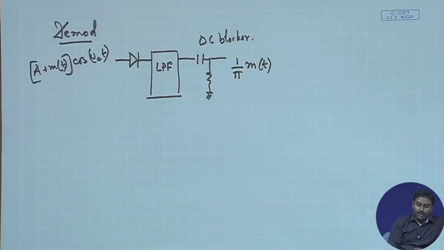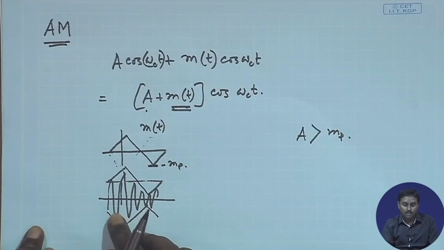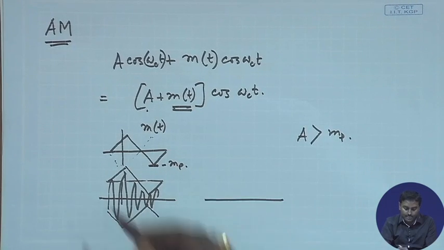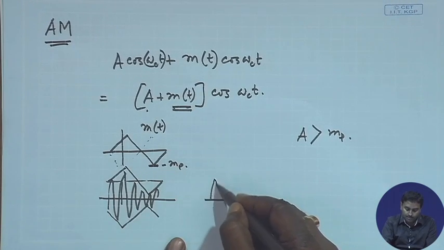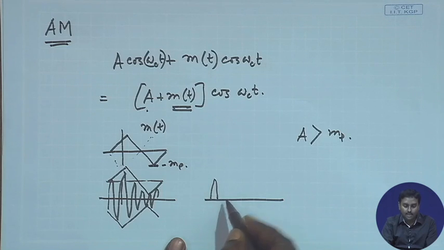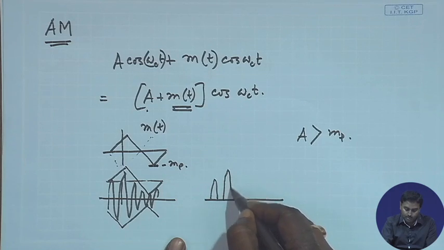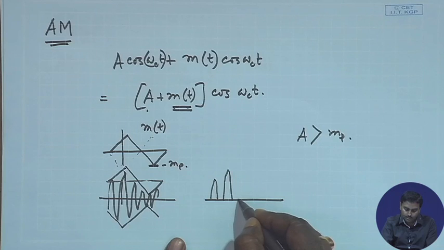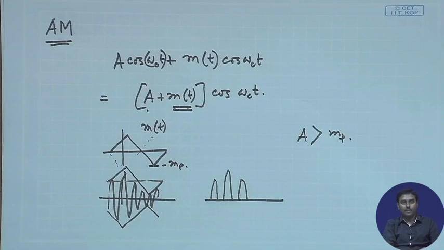So let us see what exactly happens whenever I pass it through a diode. I have this signal, and once I pass it through a diode, it just takes the positive half and takes out the negative half. It again takes the positive half, takes out the negative half, again takes the positive half. What does this mean?